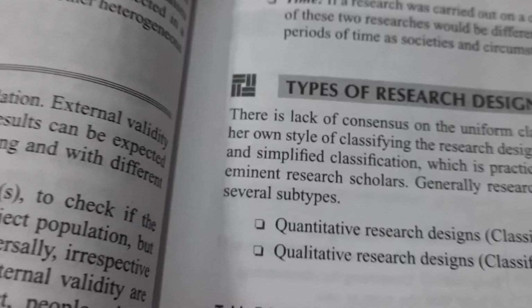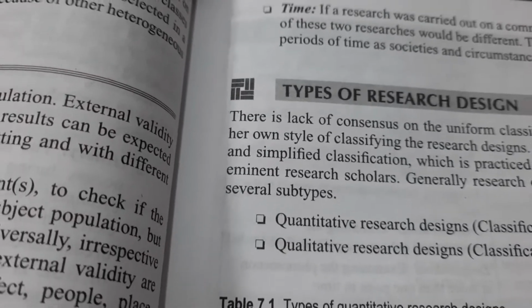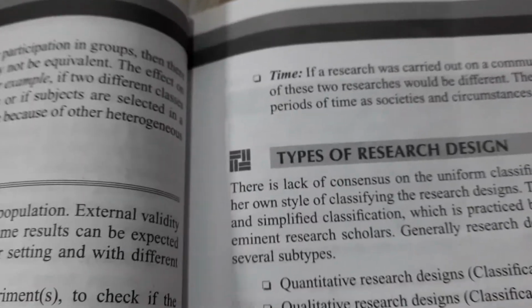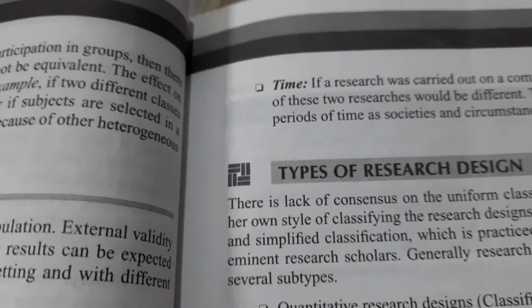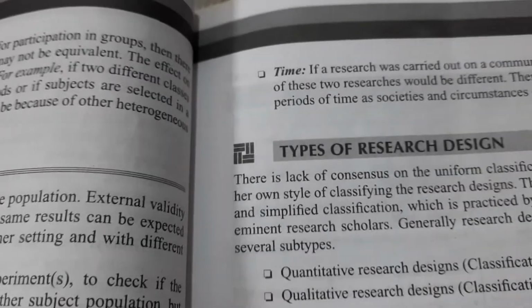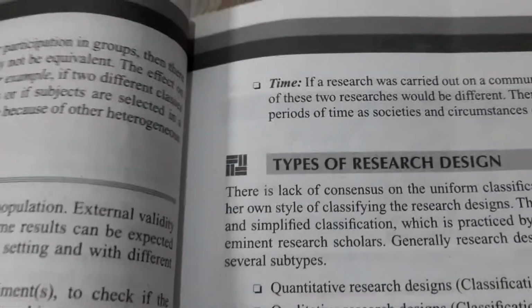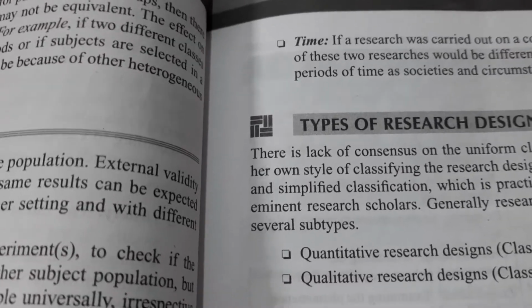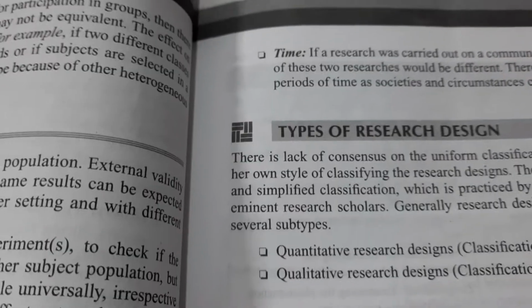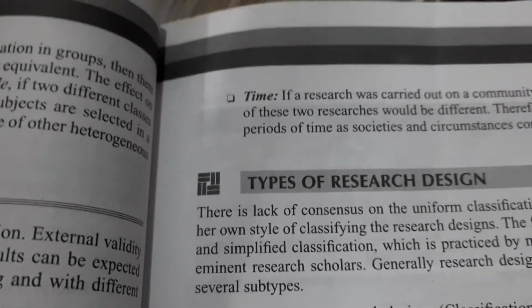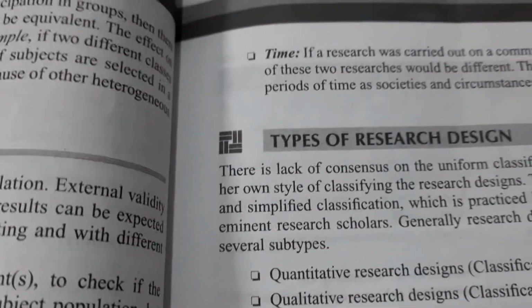Then the next one is time. Time means that a researcher carried out a study in the community in 1990, related to which type of diseases are more common. Say they assessed polio conditions and wrote the report.